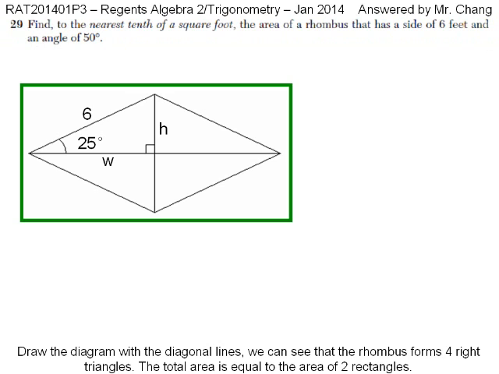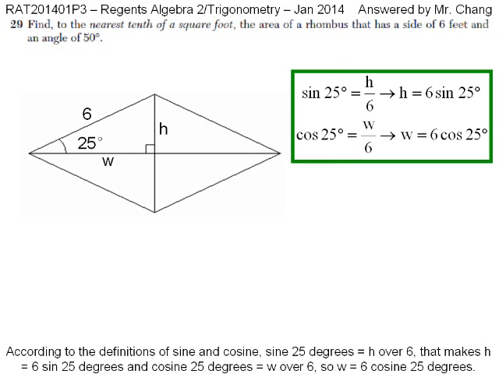Question number 29. Draw the diagram with diagonal lines. We can see that the rhombus forms 4 right triangles. The total area is equal to the area of 2 rectangles. According to the definition of sine and cosine, sine 25 degrees equals h over 6. That makes h equal to 6 sine 25 degrees.